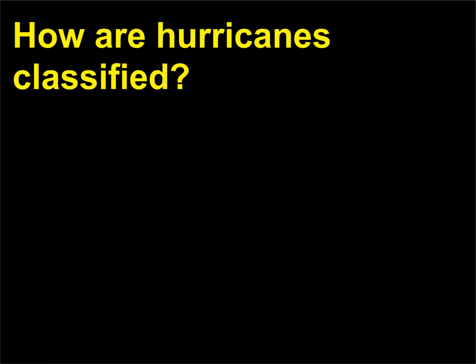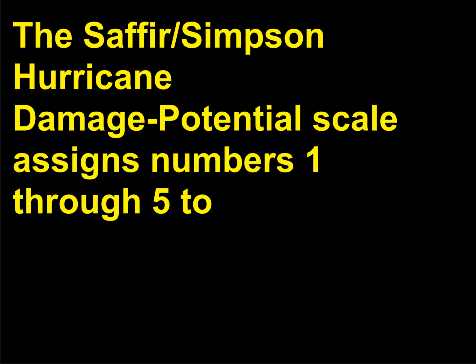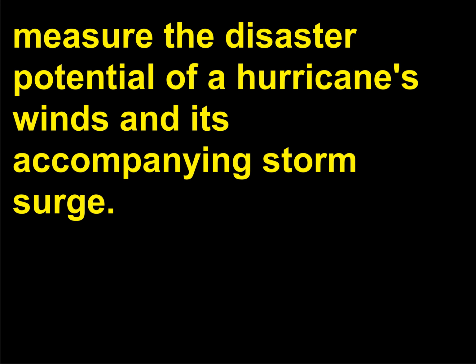How are hurricanes classified? The Saffir/Simpson hurricane damage potential scale assigns numbers 1 through 5 to measure the disaster potential of a hurricane's winds and its accompanying storm surge.